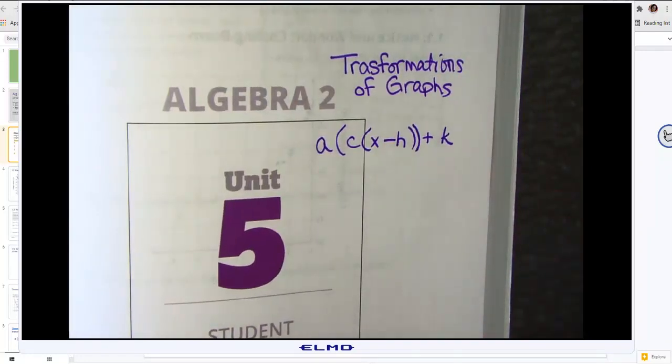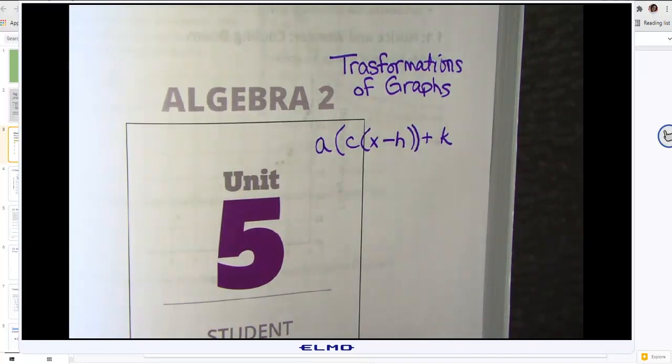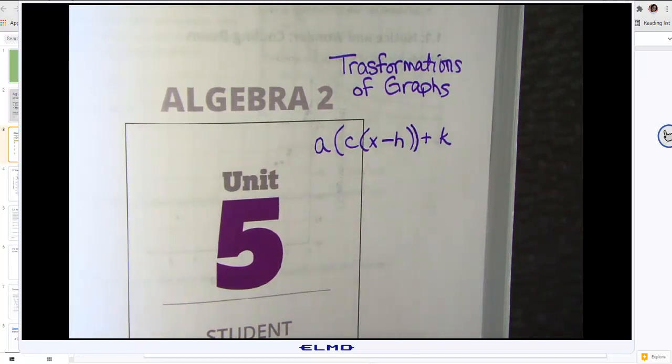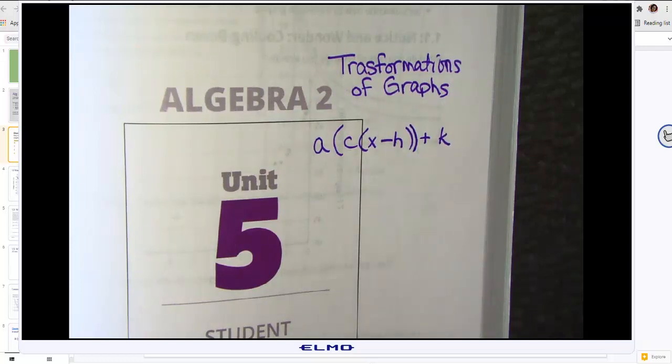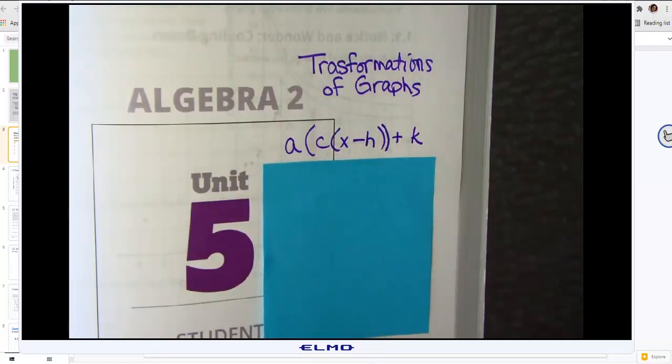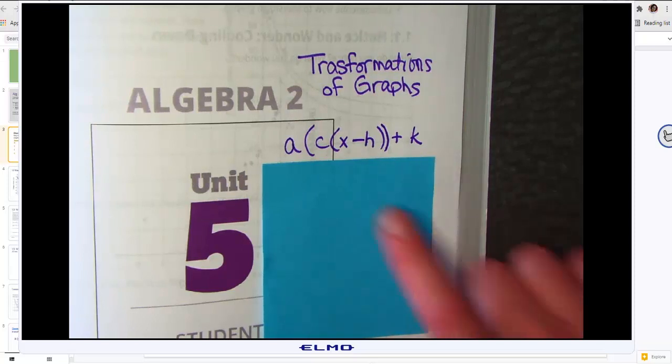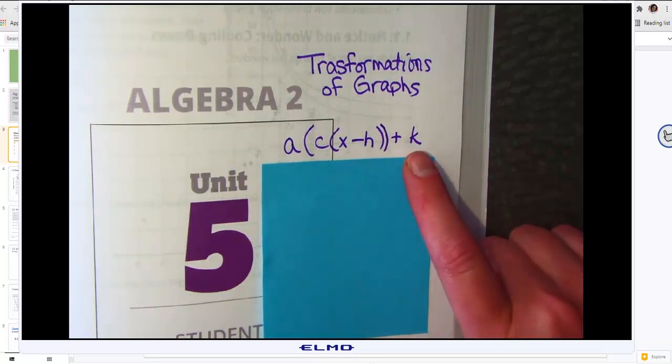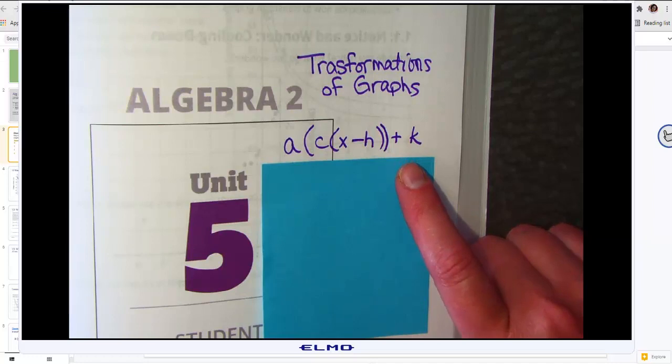We're going to start transforming graphs to see how putting different values in different places, A, C, H, and K, changes what the graph looks like. Now I'm going to ask you not to write this next part, but if I start making some connections, you're already going to see that we've already looked at H and K many times over.